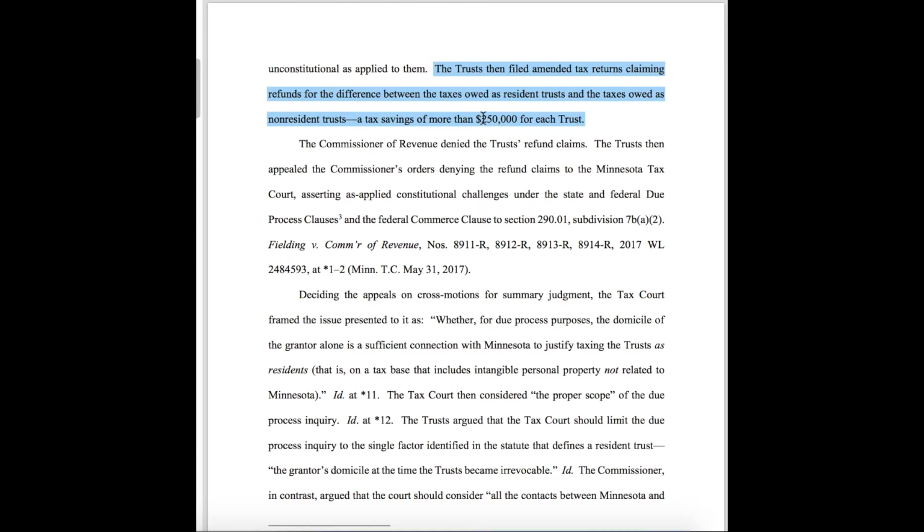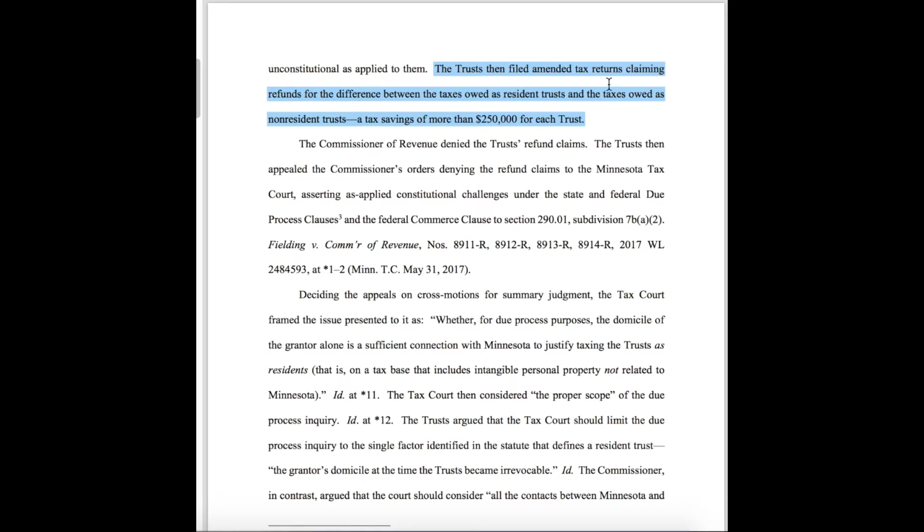Now we're talking about 4 trusts here, so that's $1 million. So to summarize, when the grantor owned the trust, if Minnesota had taxed the trust for the tax year of 2014, with the selling of the stock, as a grantor trust, it would have cost a total of $1 million more than the trust being taxed as a non-grantor trust, with the trustees being outside of the state.